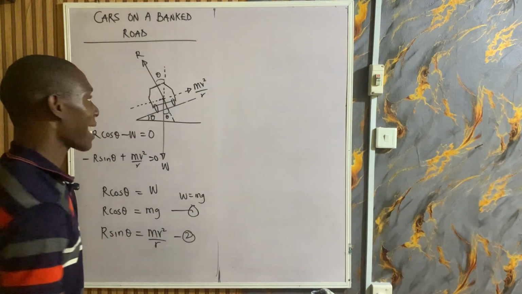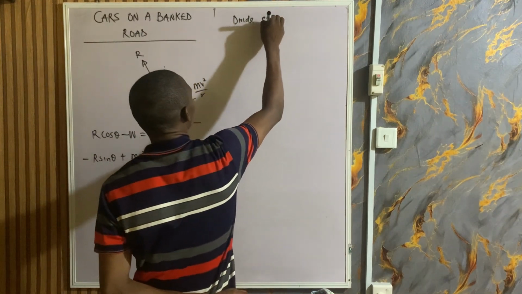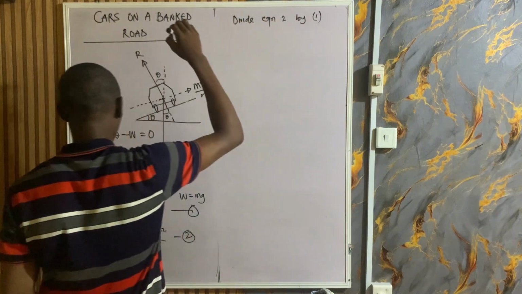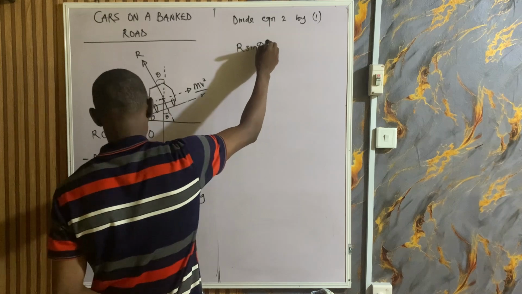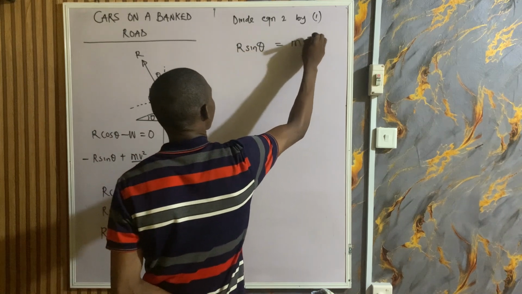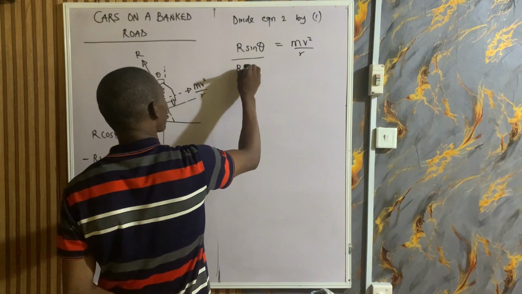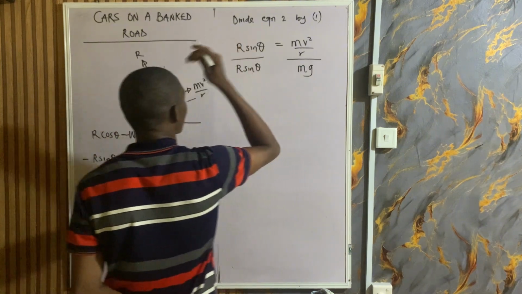Now, with this, I can divide equation 2 by equation 1. So that will be R sine theta, equation 2 now, is equal to mv square over r divided by equation 1, R cos theta divided by mg.